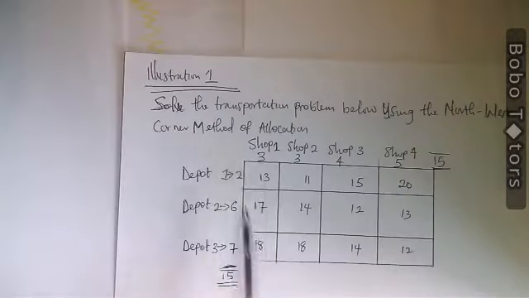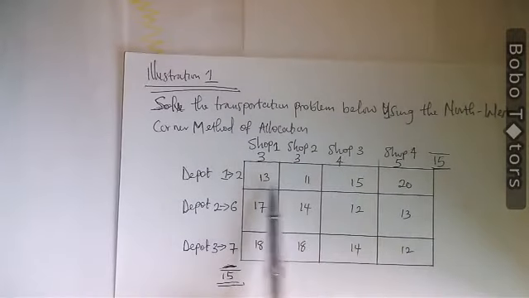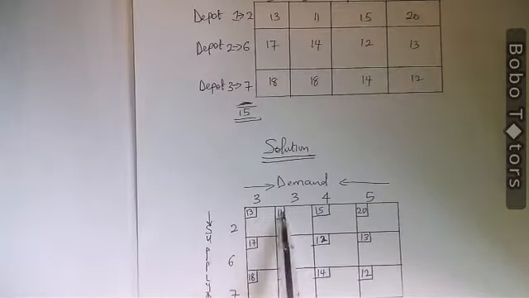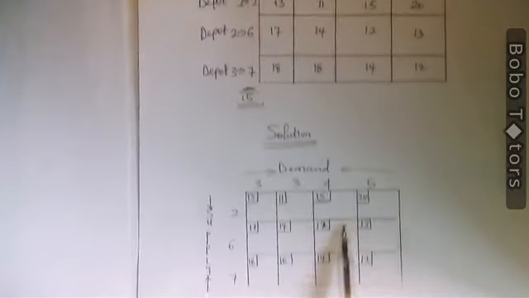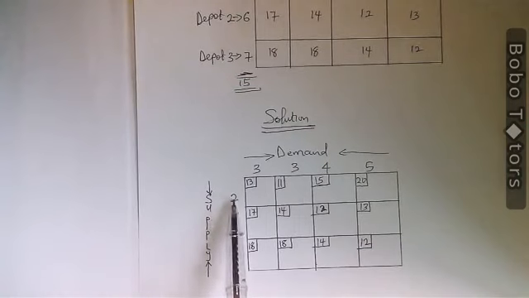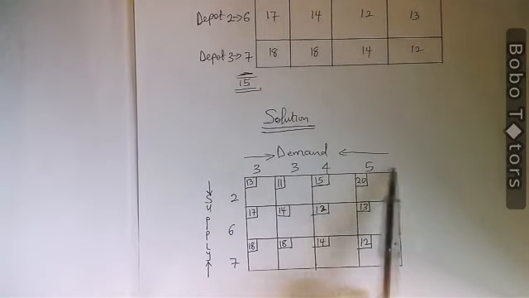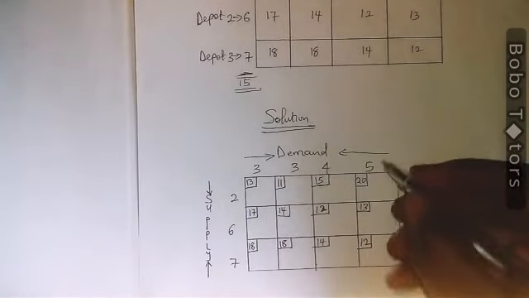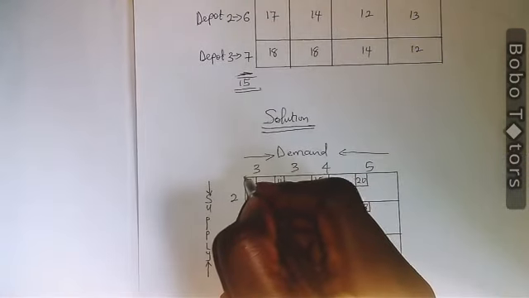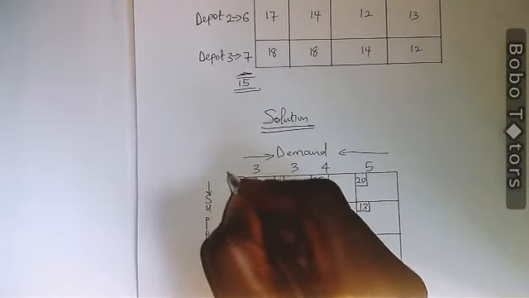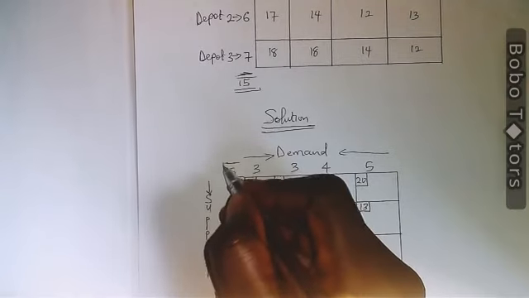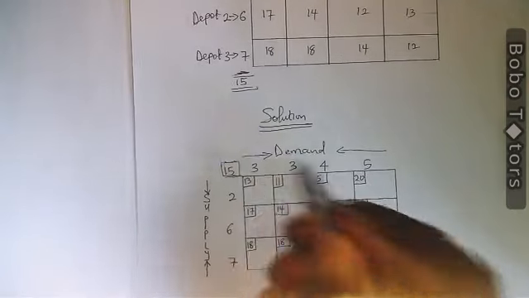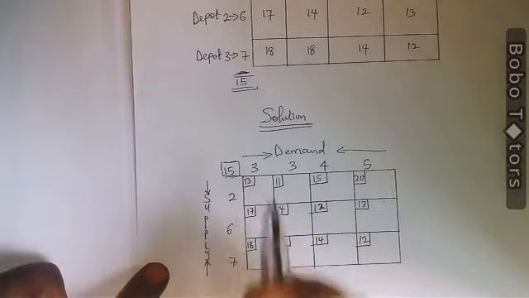All the costs of transportation are here. Remember, there are 15, my supply is equal to my demand.